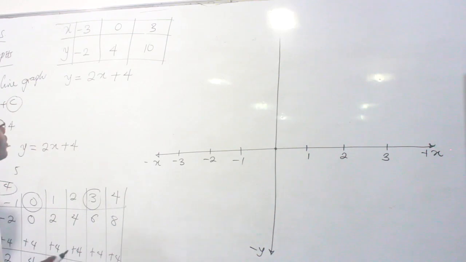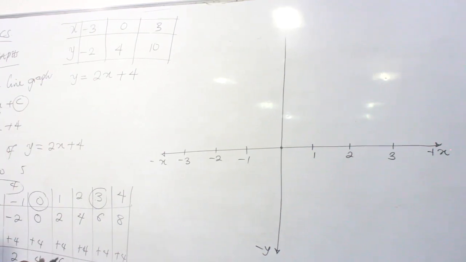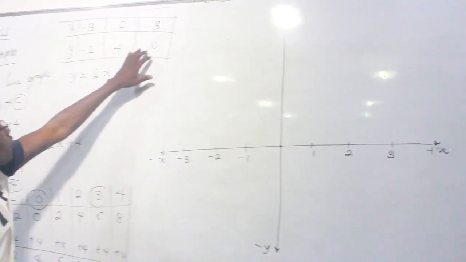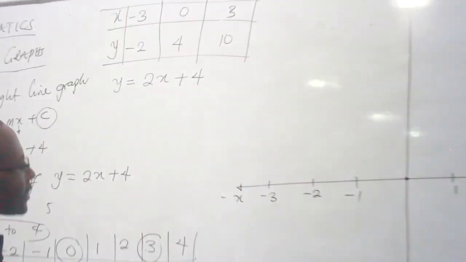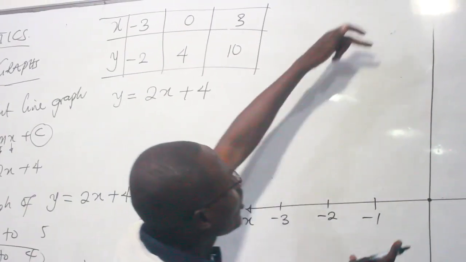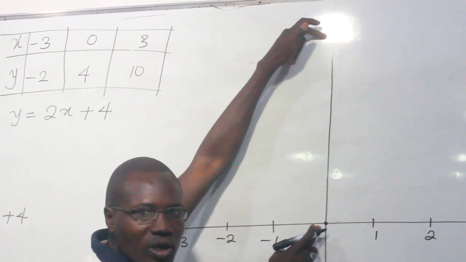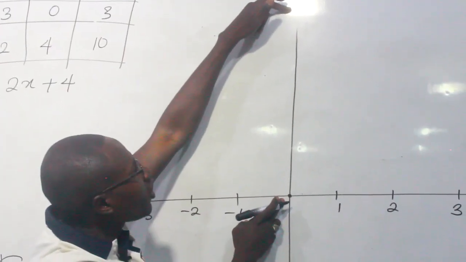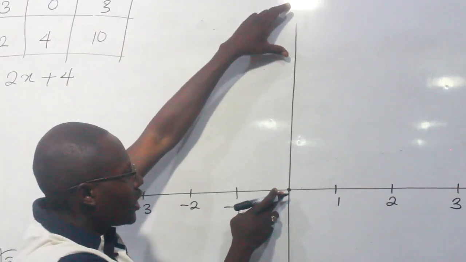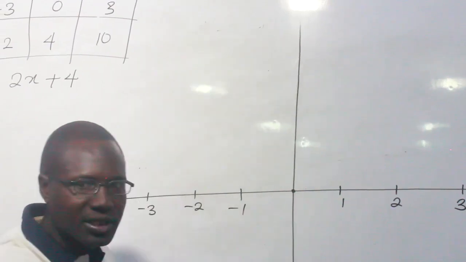And now, look at x and y. The highest value of y here is 10. So, looking at the space you have, you can easily determine what will be the range of values in each axis.